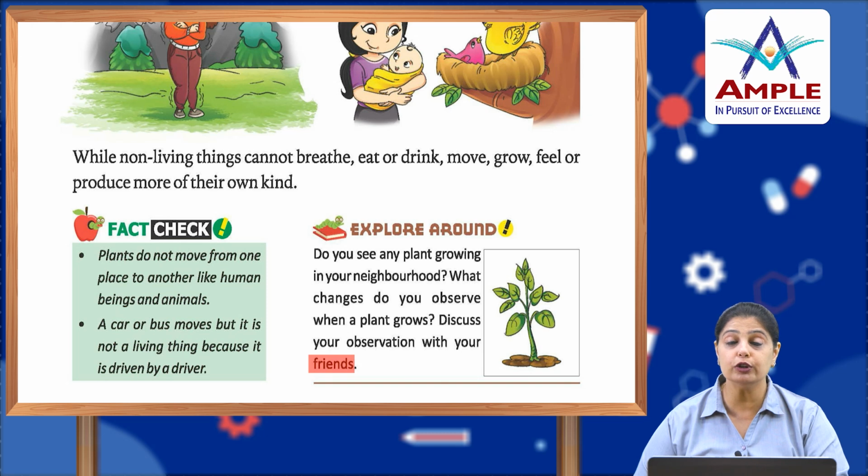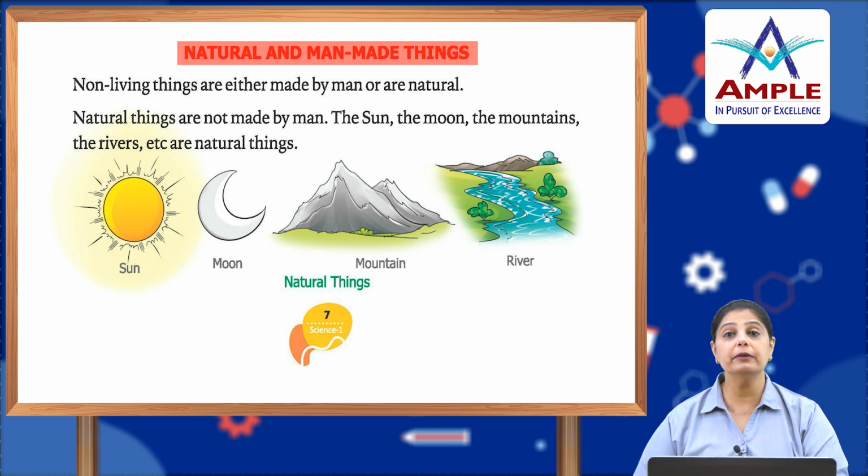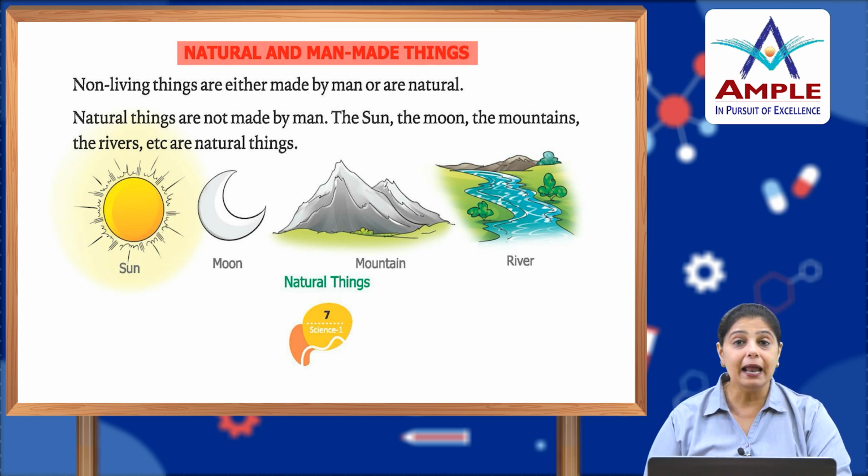Alright, now let's move on to certain natural and man-made things. Now, what do you understand by the word natural? Natural means something which is God gifted to us. It's in the nature. But man-made things are the things which are made by a man for their own purposes, right.